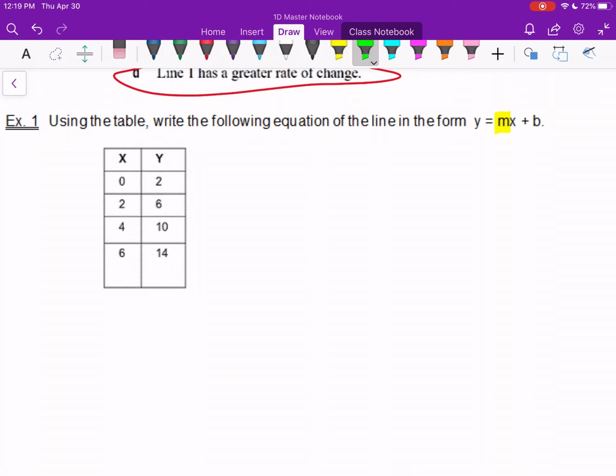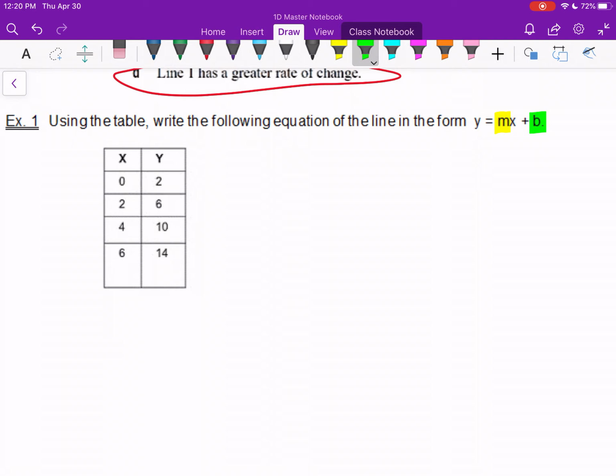I'm going to highlight y-intercept in green, again just for a little color coding purposes. I'm going to need to know from this table of values what both m, the slope, and b, the y-intercept are. Well, I can actually answer one of those without doing any work whatsoever. I just have to recognize it.